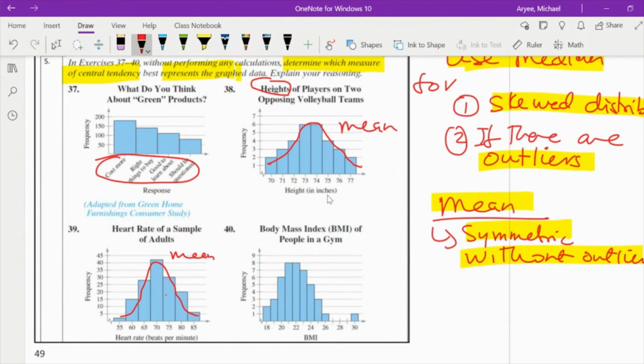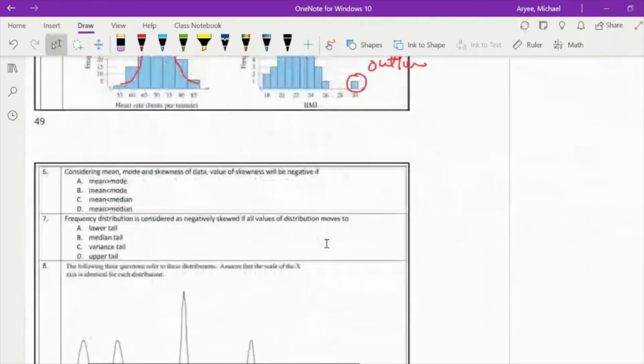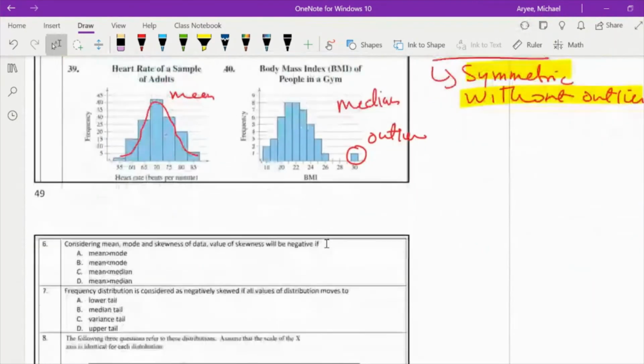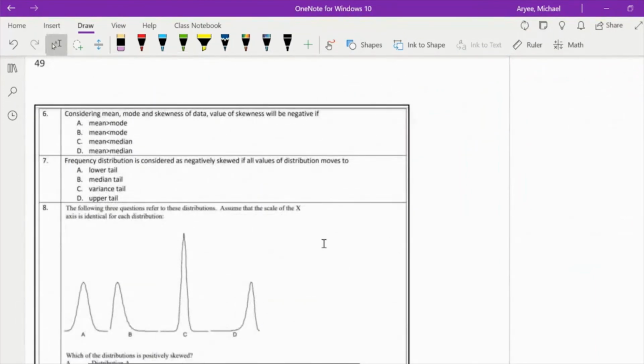But here, even though this looks symmetrical, because of the outlier, we're going to use the median. If there are outliers in your data, the preferred measure of central tendency that will best represent the graph is the median in this case because they are outliers.